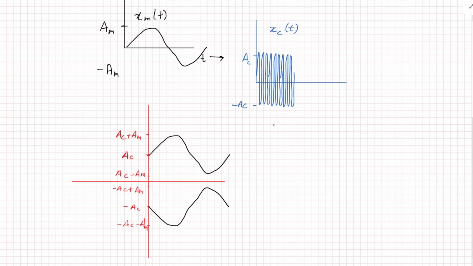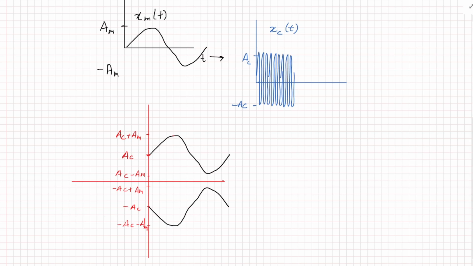The highest amplitude of amplitude modulated waveform will be equal to A_c plus A_m, and the lowest amplitude of this waveform will be minus A_c minus A_m.